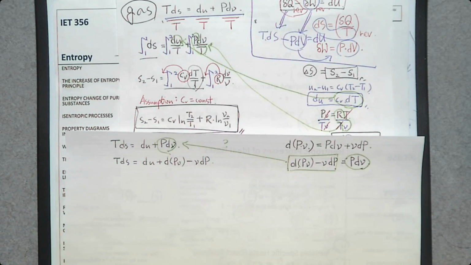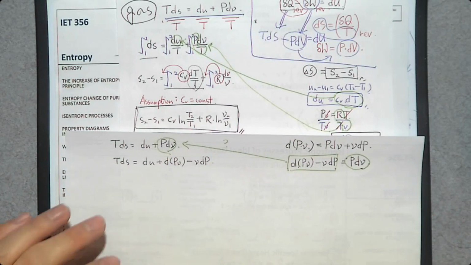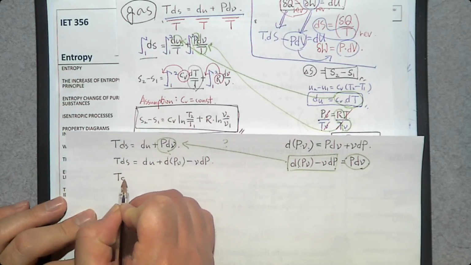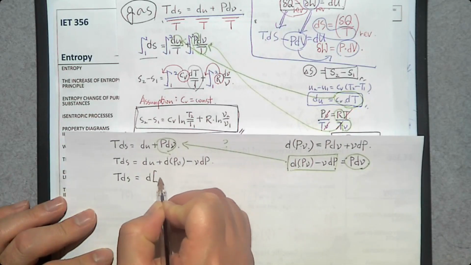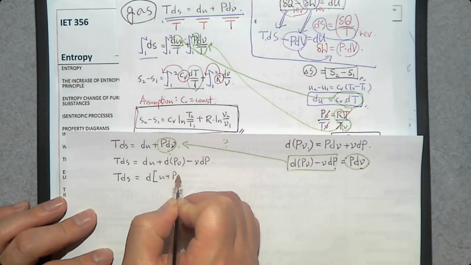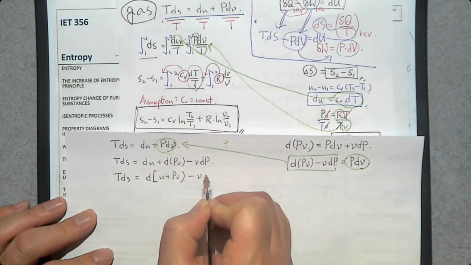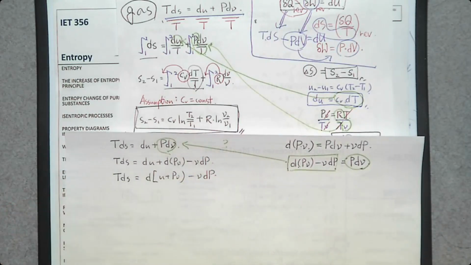Wait, we have a U inside d, we have a PV inside d, so let's combine them. Then this one becomes TdS is d of what? U plus PV, minus VdP. Then, don't you think that this one looks familiar? U plus PV. Have you seen it?